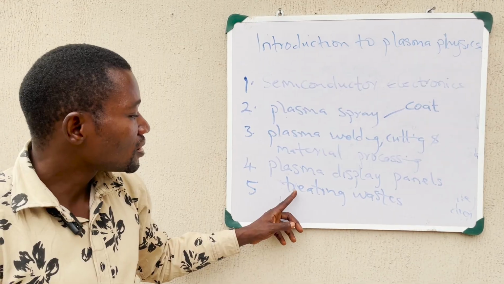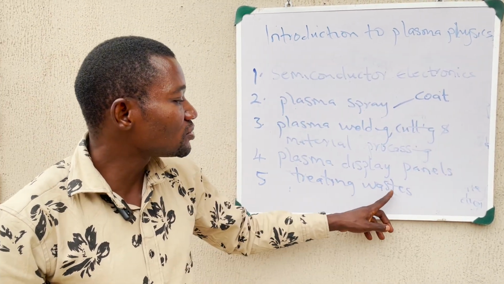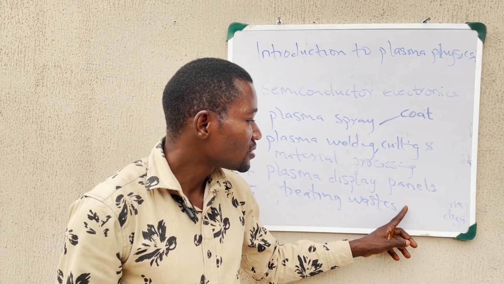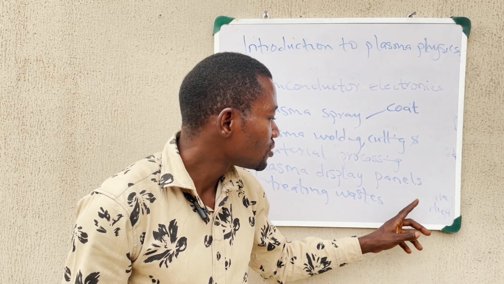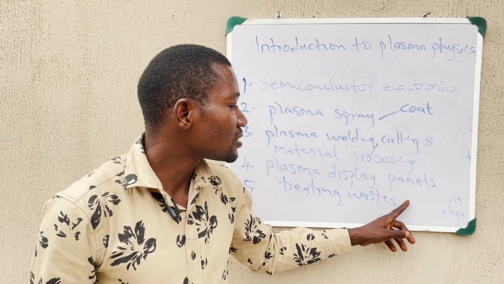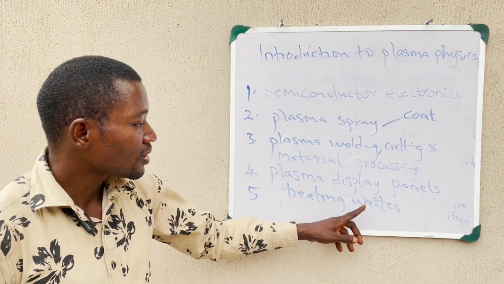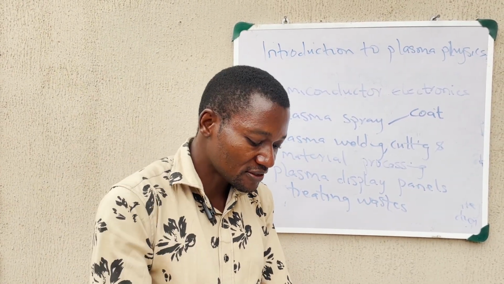Here, you apply the plasma to the waste, and in the process, the high temperature from the plasma, the ions, will reduce the hazardous waste. So plasma has been used in waste treatment.